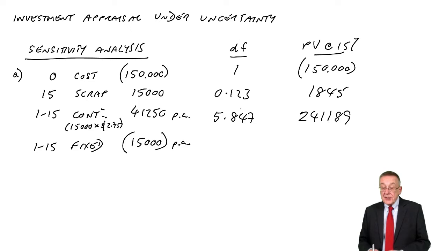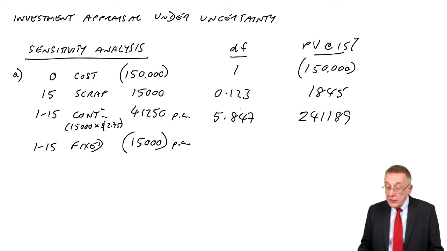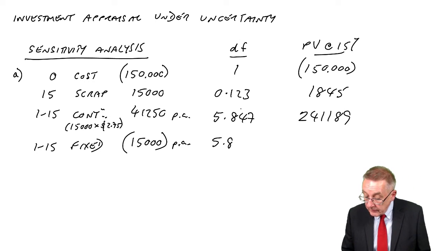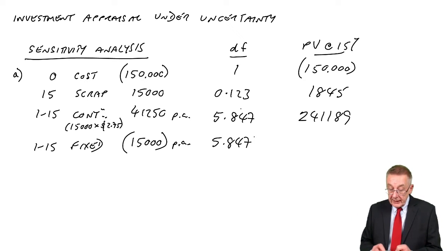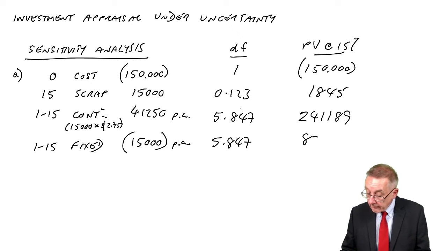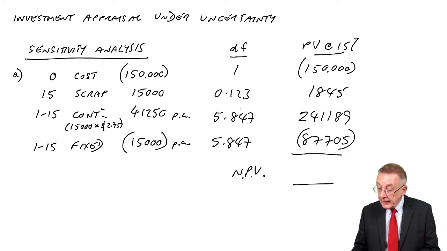And finally, the fixed cost, well, again, it's a 15-year annuity. So the factor 5.847, the present value, 87,705.